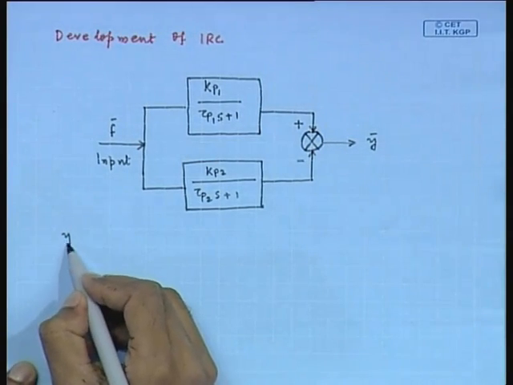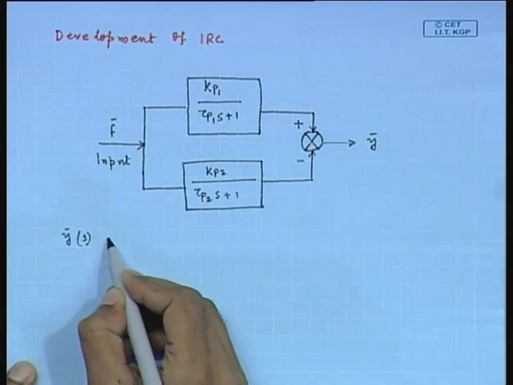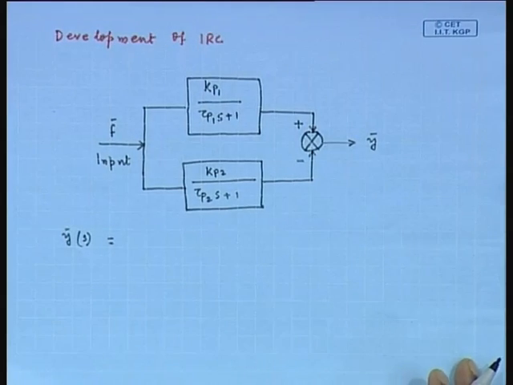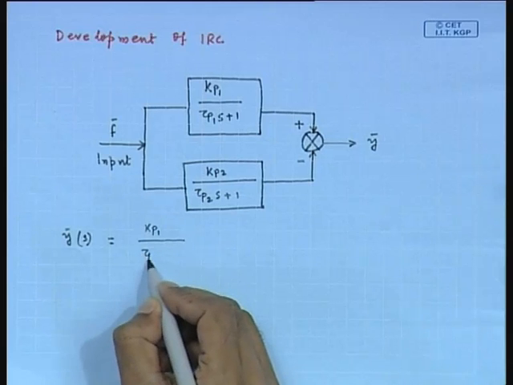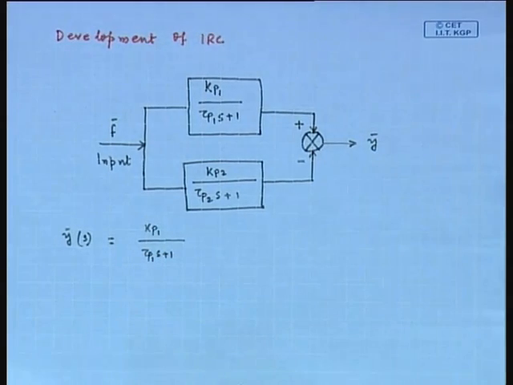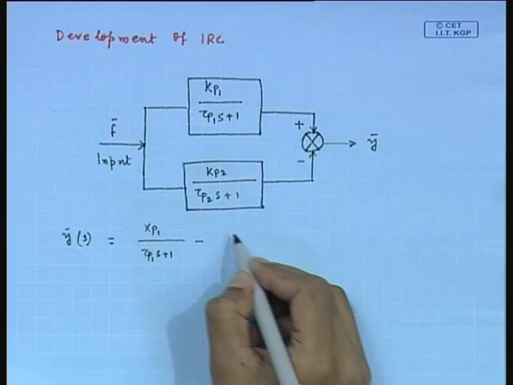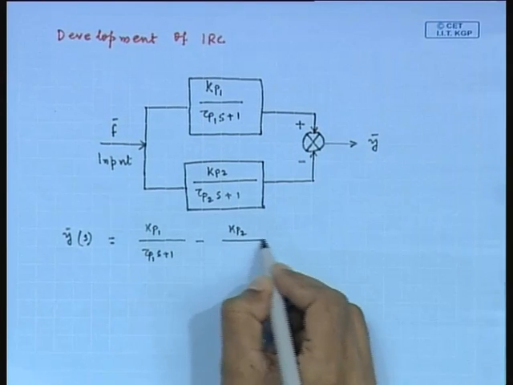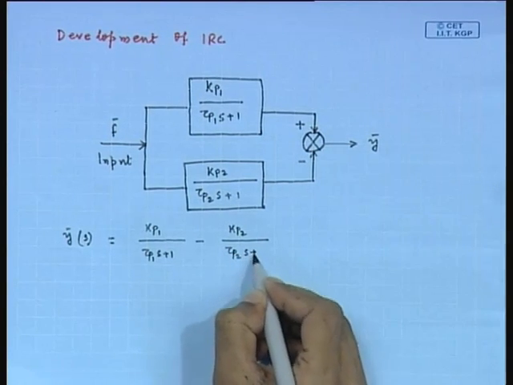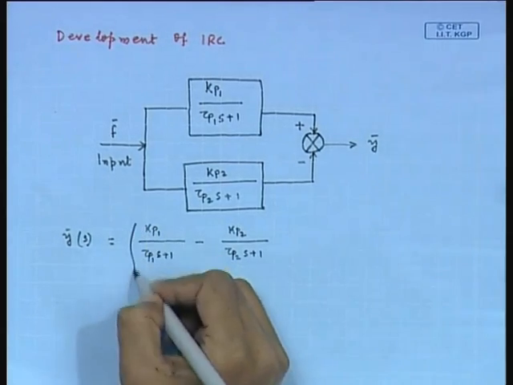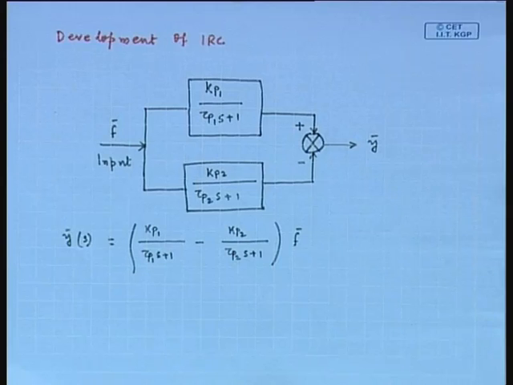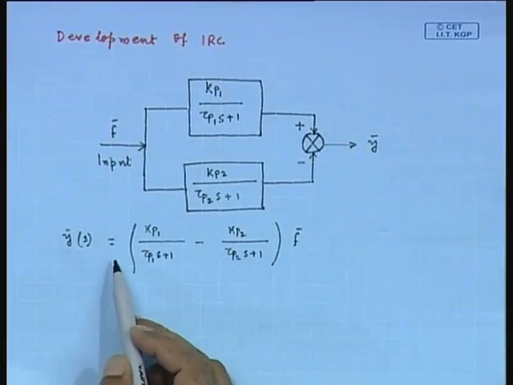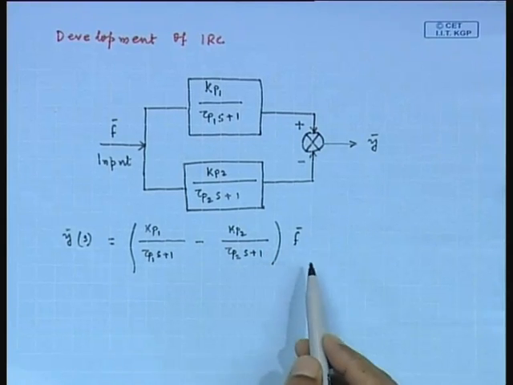Now, we can write the expression for y as Kp1 divided by tau p1 s plus 1 minus Kp2 divided by tau p2 s plus 1 multiplied by f bar. Can we write this? Output equal to transfer function multiplied by input.